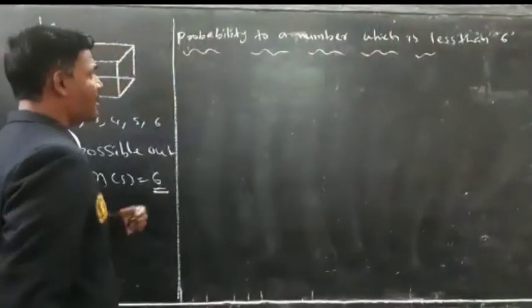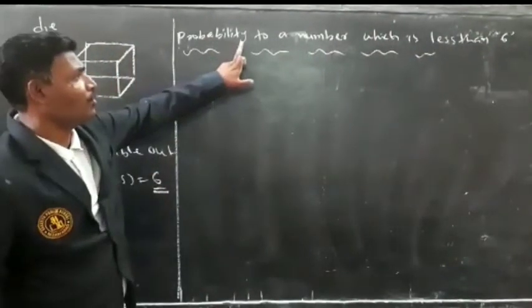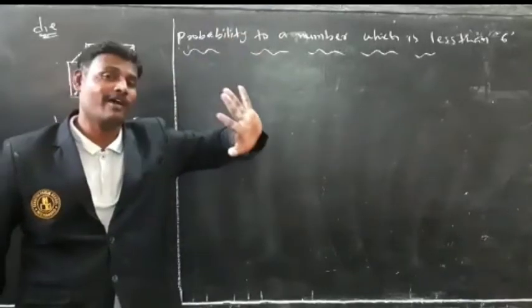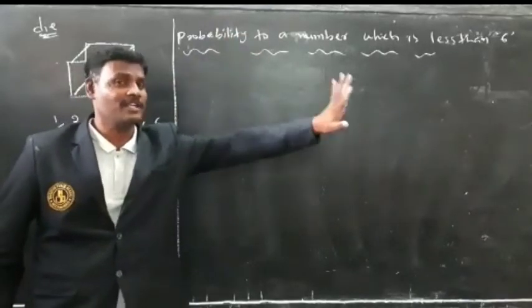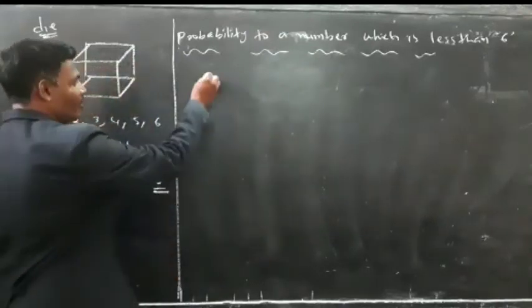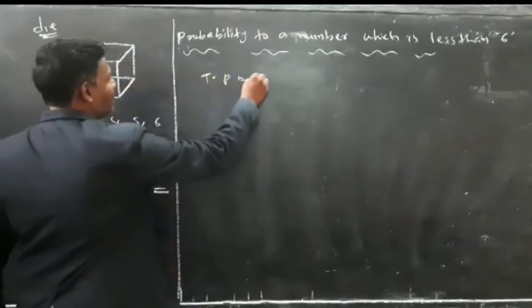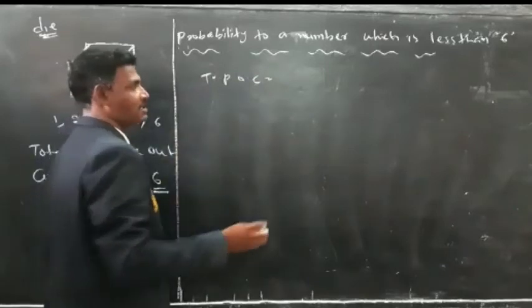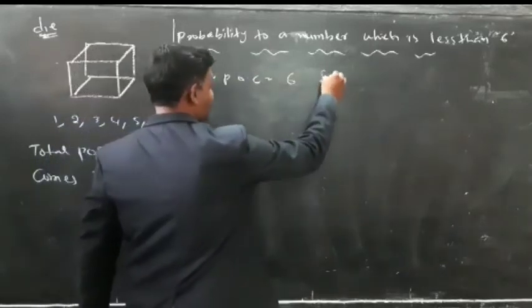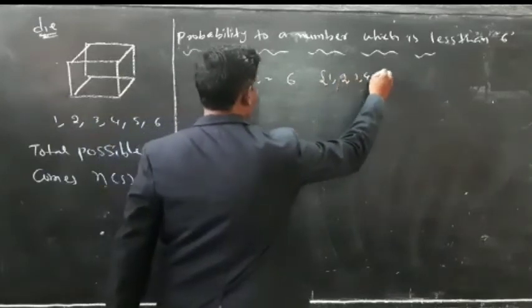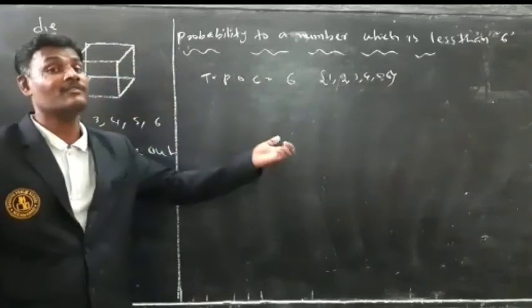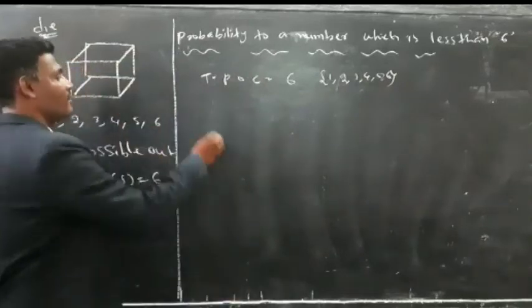Next question: probability to get a number which is less than 6. So now I need a number on the face that should be less than 6. We know very well the total possible outcomes when a die is rolled once. There are 6 chances: 1, 2, 3, 4, 5 and 6. From that I need a number which is less than 6.